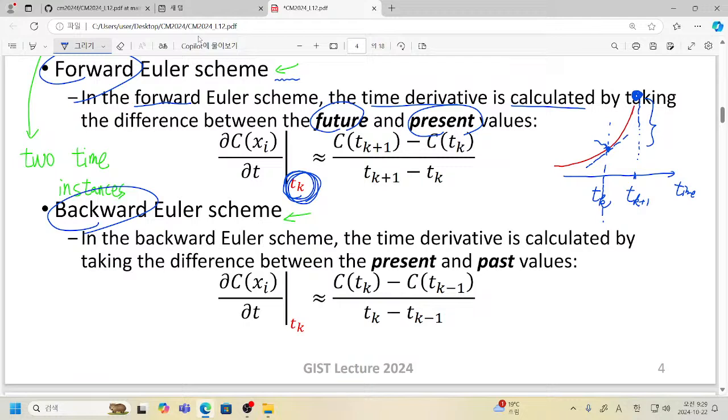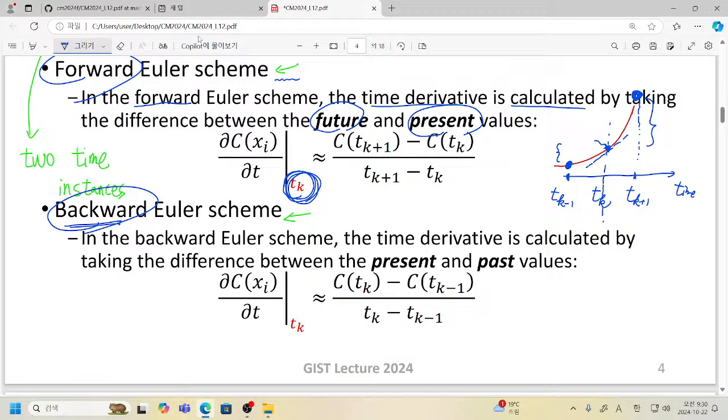This sounds really natural. However, please have a look at the opposite one, backward Euler. In this backward Euler, if you wanted to calculate these derivatives, instead of taking the difference between t sub k plus 1 and t sub k, in this backward case, it just takes two values at t sub k and t sub k minus 1, and takes this difference to calculate the time derivative.